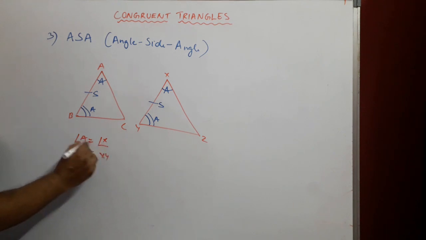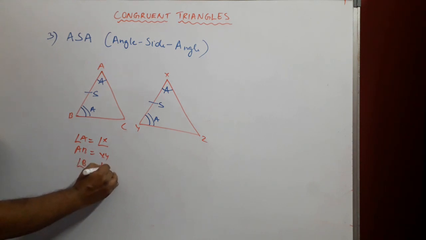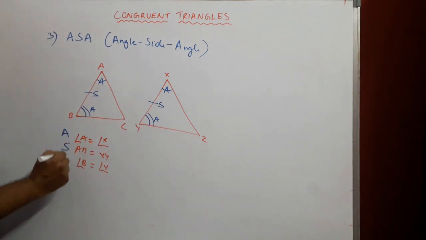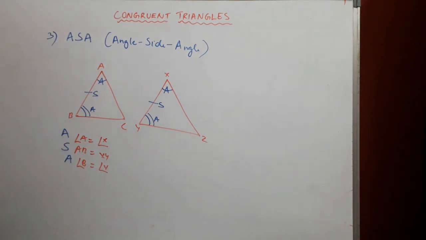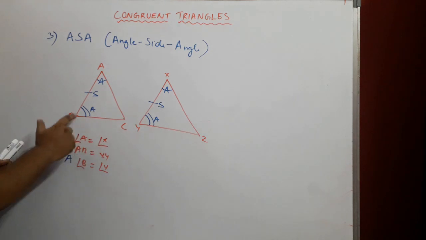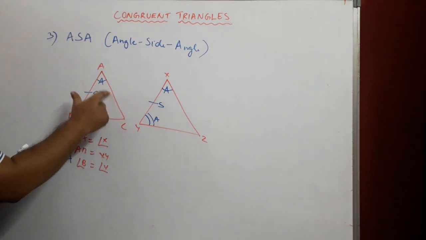These are corresponding angles, these are corresponding sides, and we have another corresponding angle, that is angle B equal to angle Y. So this fulfills your ASA congruence rule. Fine. Now this can be any side of the triangle. It can be angle side angle or angle side angle.